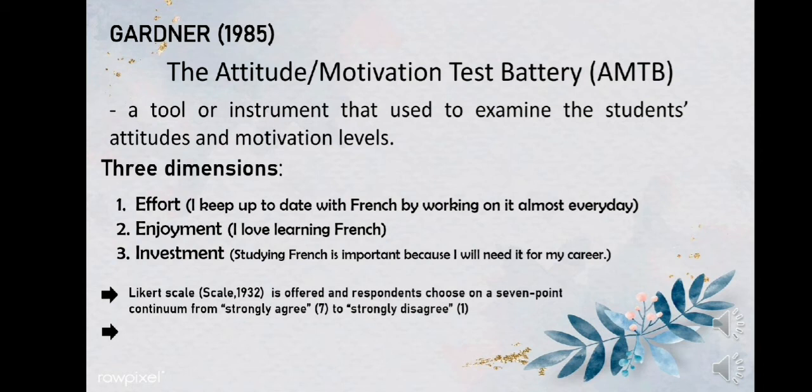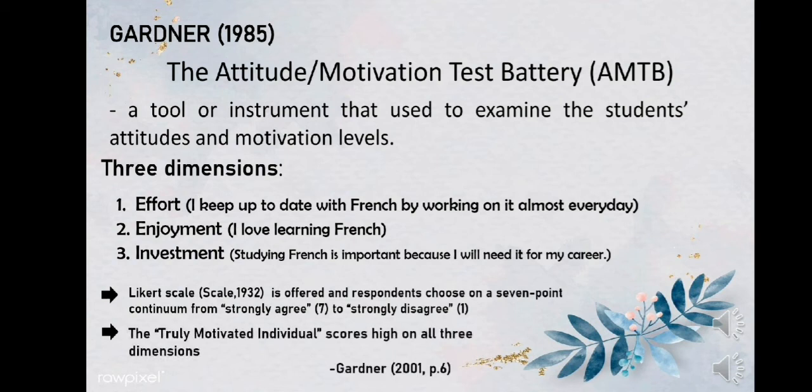Those three dimensions mentioned earlier contain 10 statements, and the scores derived from them contribute to a single quantification of motivation. And according to Gardner, the truly motivated individual scores high on all three dimensions.